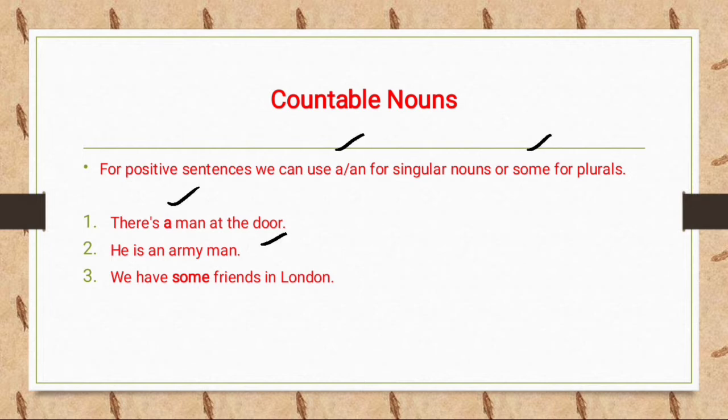And the last sentence, we have some friends in London. So in the first sentence, after a there is a singular noun, that is man, and in the second sentence there is again a singular noun, that is army man, and at the last we have a plural noun, that is friends. That is why we have used some.